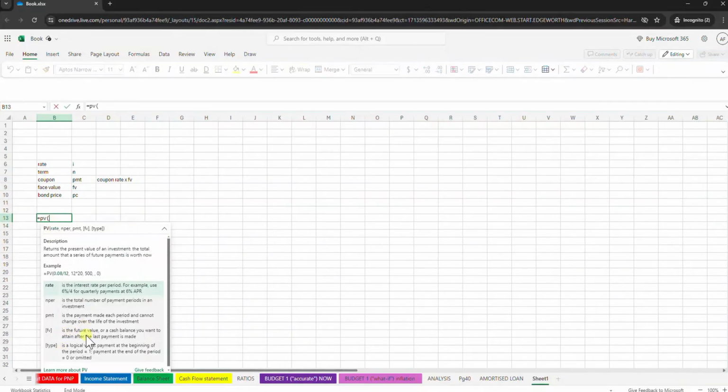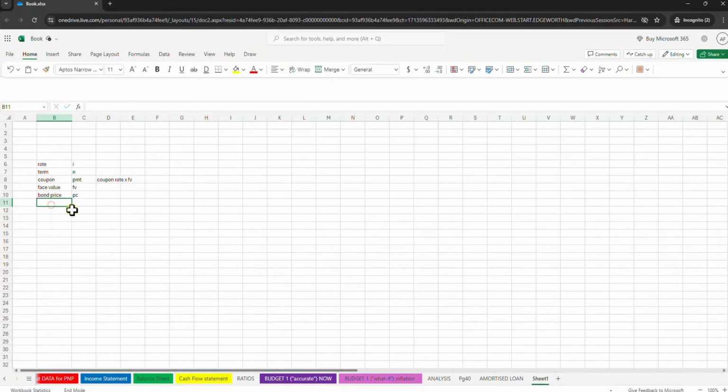Then you've got future value, which in this case would be the face value or par value at the end of the life of the bond. And type is just referring to when the payments are made, either at the beginning or at the end of the period, and that's something we need to consider. So are you okay with this function? We saw it previously, but we're just relating it to bonds. That's all we're doing.